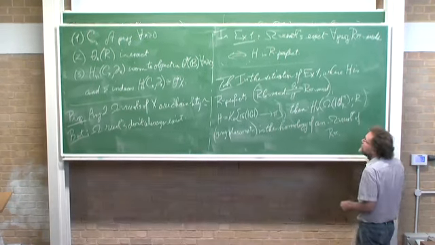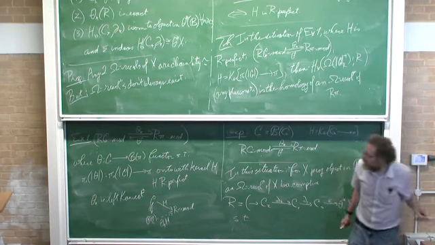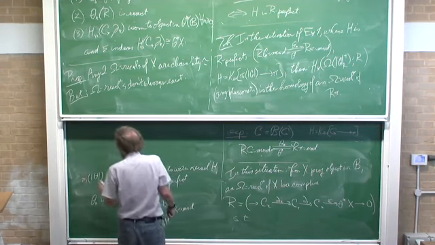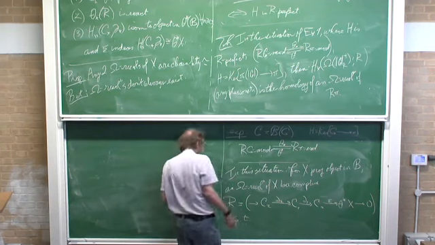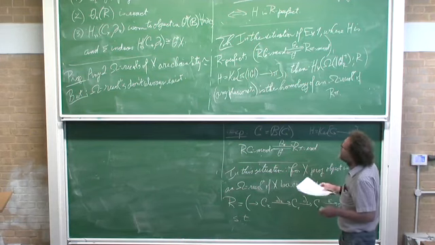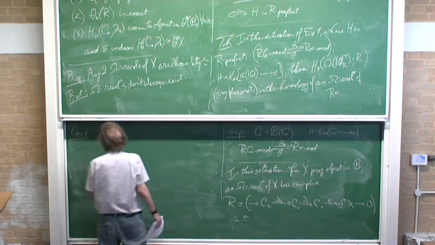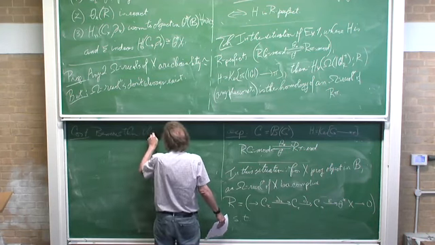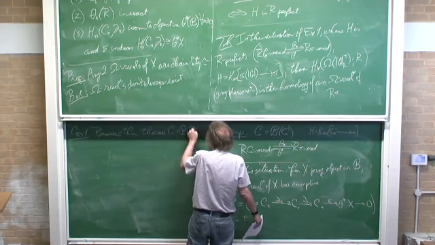So, free module. Corollary 1 is Benson's theorem, the case of the category split B of G for G finite.